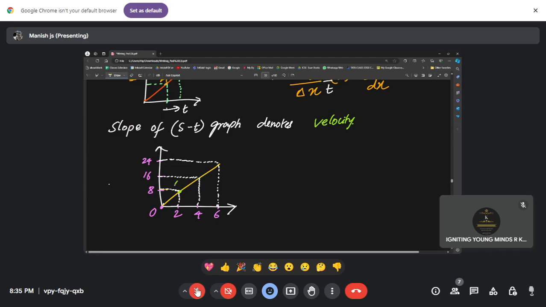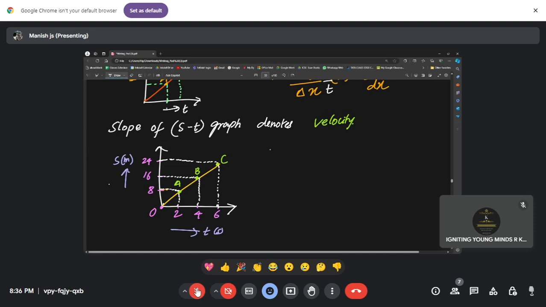This is point A, this is point B, and this is point C. Okay, and not to forget the axis, important. So x-axis you have time in seconds, and along y-axis you have displacement in meters. Okay, this is all the information we have for the sample graph that I've drawn.